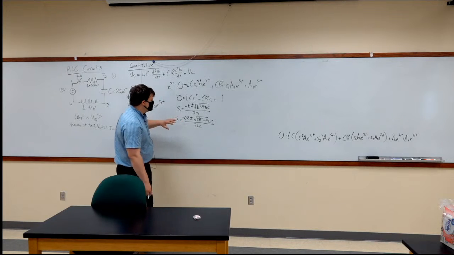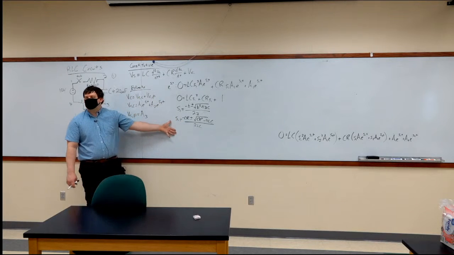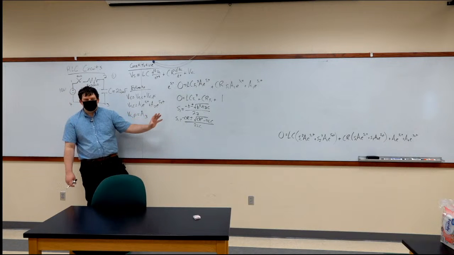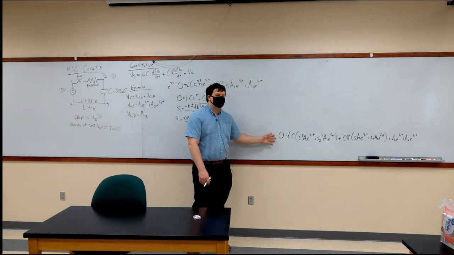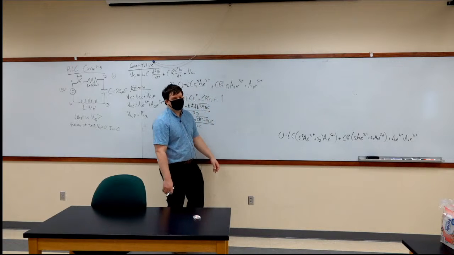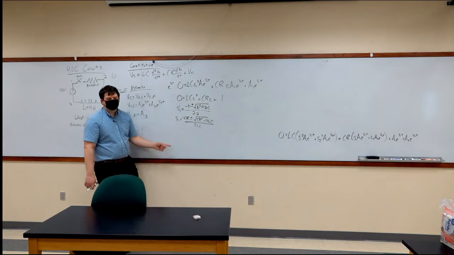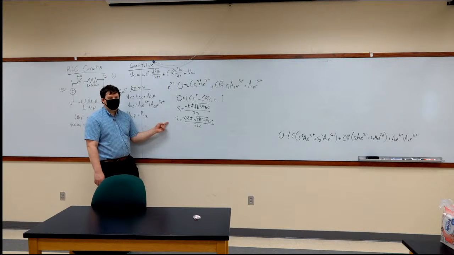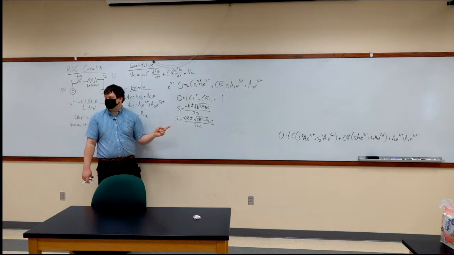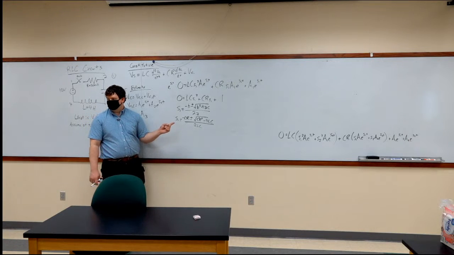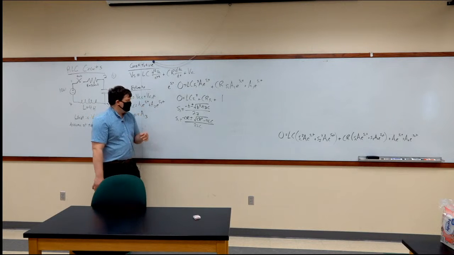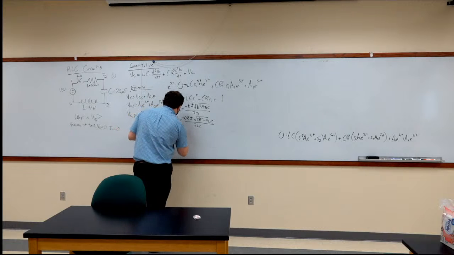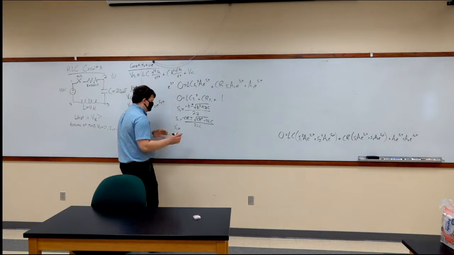So this is the ultimate solution to S1. I am going to clean this up in a little bit. If we solve this exact equation for S2, guess what we get? We get this again, because it's the same exact equation. That just means we're going to say S1 is not equal to S2.